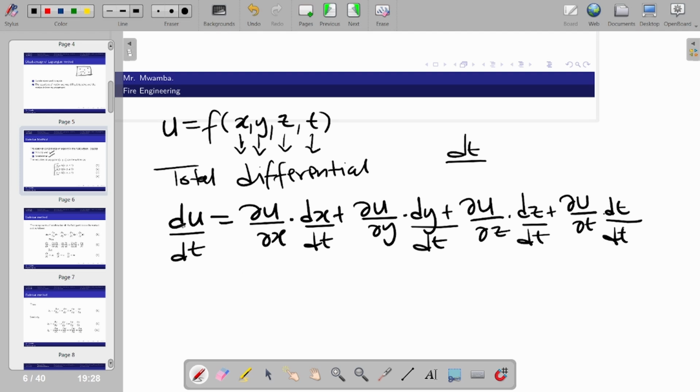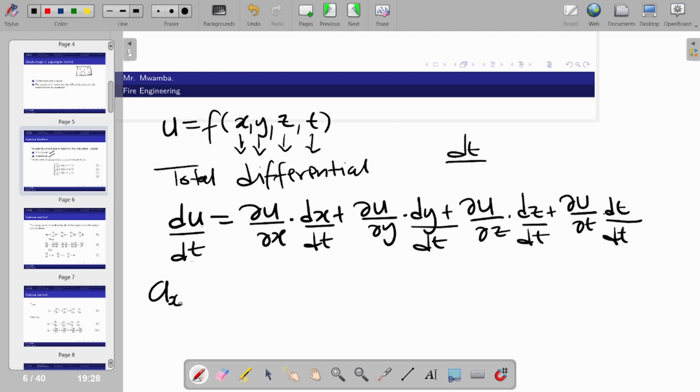We have the change in velocity with respect to time. This is called acceleration by definition, the change in velocity with respect to time. But remember, this is the velocity component along the x-axis. So let's call it acceleration along the x-axis.